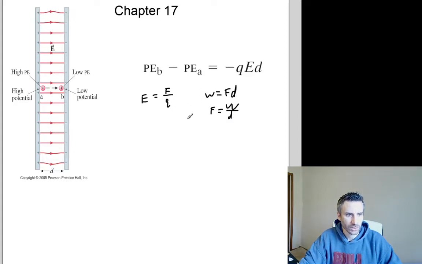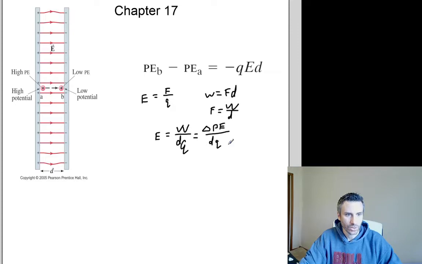And then I can do a quick little substitution where the electric field is equal to work divided by distance times charge. This is the same thing as potential energy, right? So this is the same thing as the change in potential energy over distance times charge.